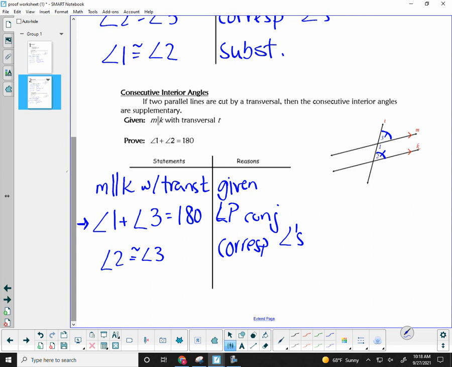So I can just swap out angle 3 for angle 2. So I now know that angle 1 plus angle 2 equals 180 degrees. What allows me to replace that angle 3 with angle 2? Substitution. This is one where you would not be able to use transitive property. This one is definitely a substitution.